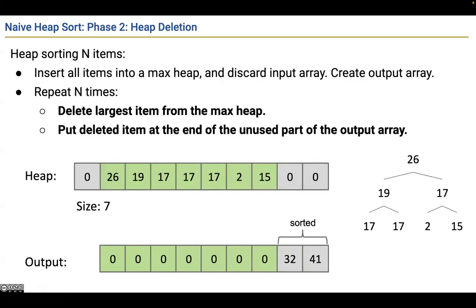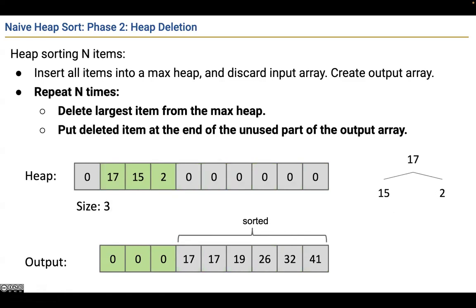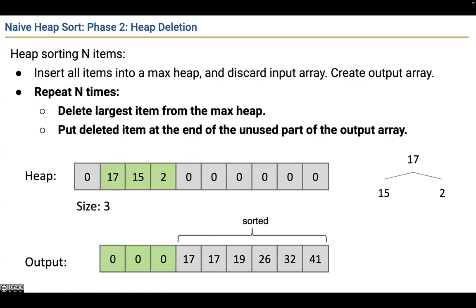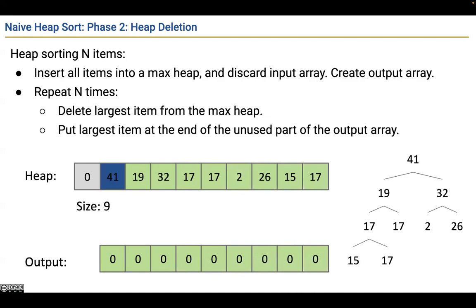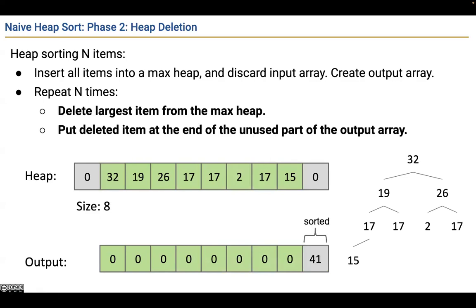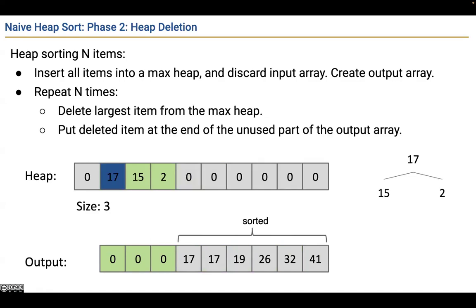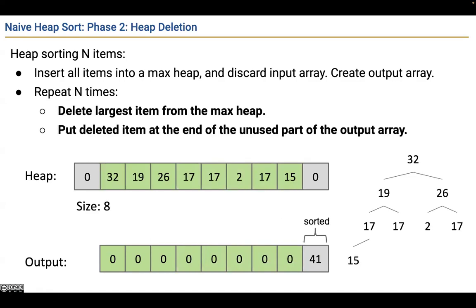And as I deleted items, just focus on the green, it is draining away. And then the array is starting to get less and less used. Now, watch the output array. Maybe you see where this is going. Right now, the output array is totally unused. But I start to fill items. Watch the gray. It's filling in from right to left. So maybe you see the trick that I'm about to play.